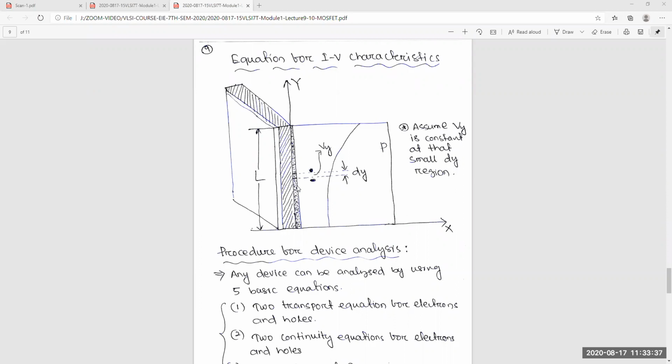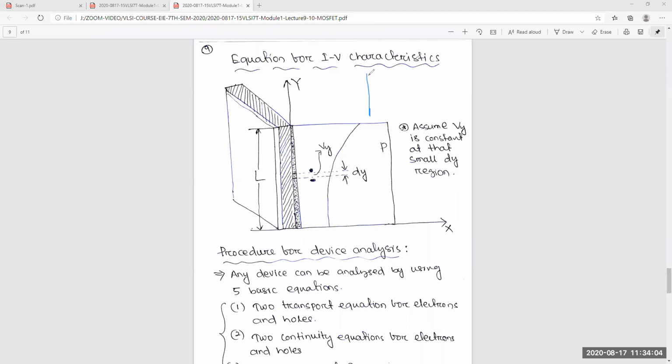Okay. Again, in the transport of electrons, there are two things, that is drift and diffusion. What is drift and what is diffusion? Drift is if you are giving some voltage, then an electric field is there. Due to that electric field, the electrons are accelerating or flowing, that is drift. Diffusion means concentration.